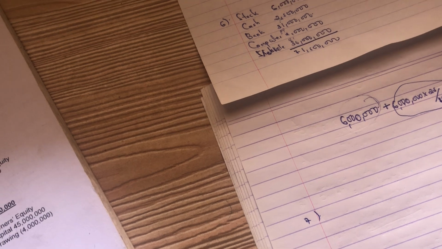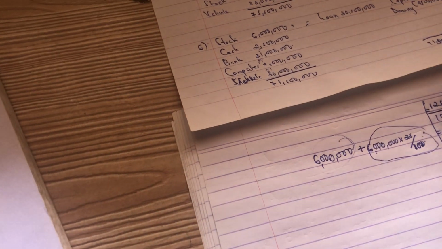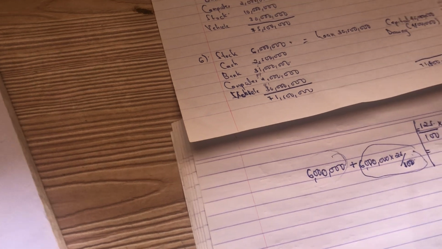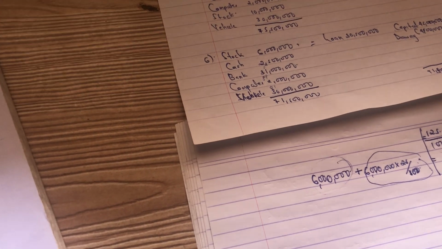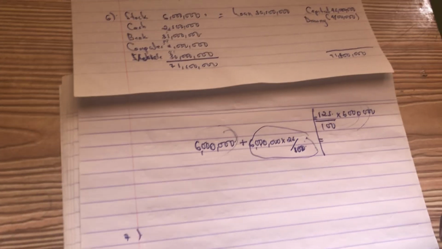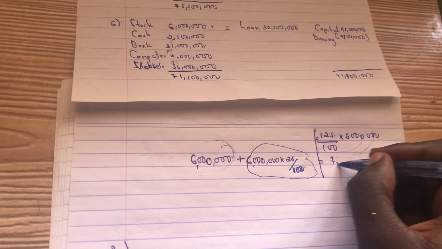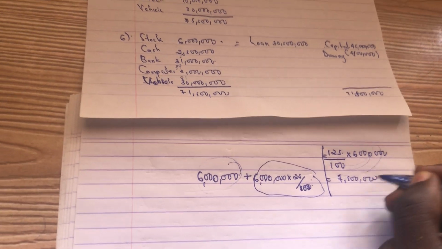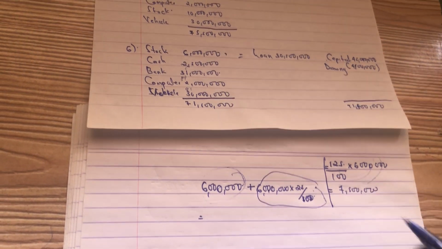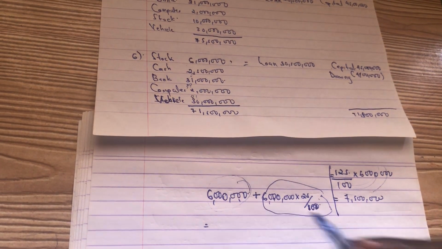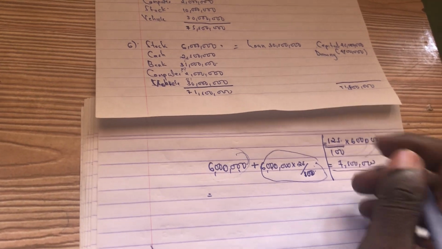Are we together? But because he sold them on credit, so that will go on the debtors side. That will be the money we shall be demanding. So when you get 125 over 100 times the 6 million, we shall get 7,500,000. It's still the same as this when you add it here. Are we together? It will be 6 million plus 25 over 100 of this will still give you 7,500,000.